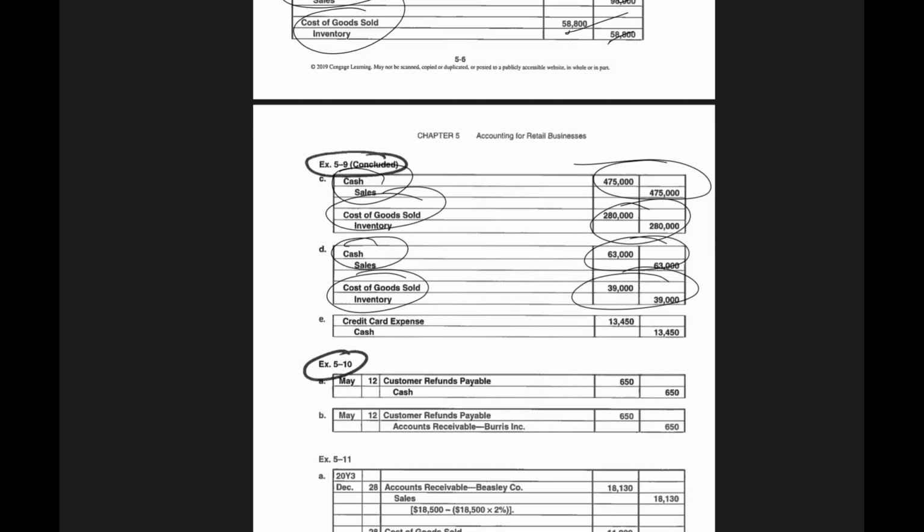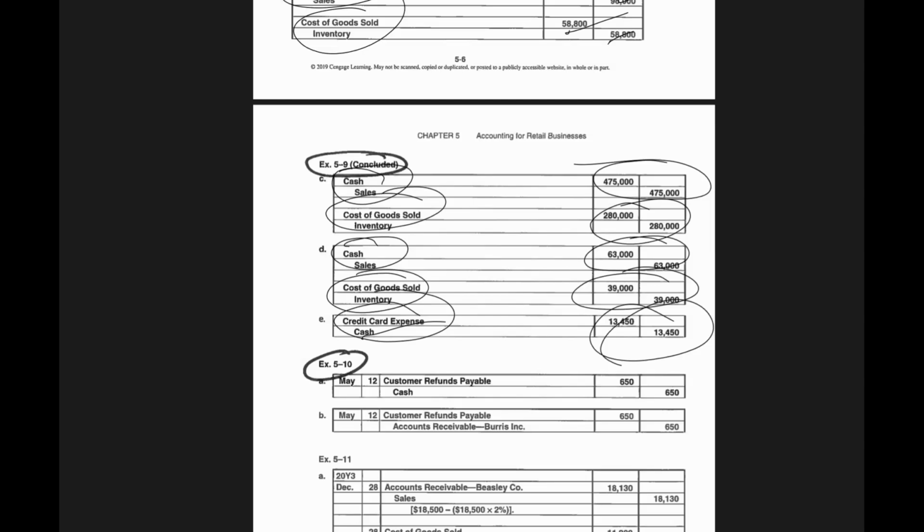Letter E, received an invoice from the National Clearinghouse for $13,450, which is the fee for using the credit cards. They take it directly out of your cash account, and you would just debit credit card expense. So the use of all the credit cards cost the company $13,450.